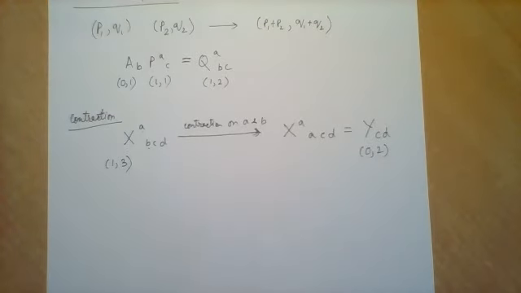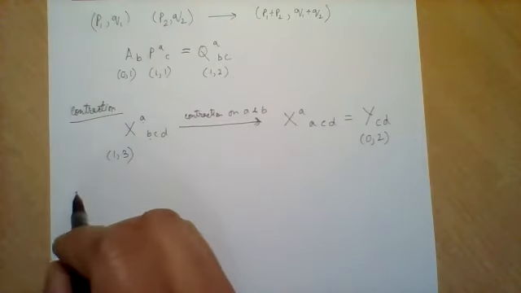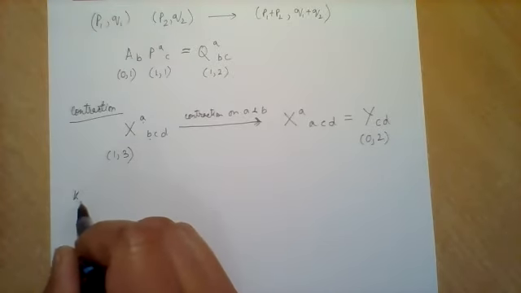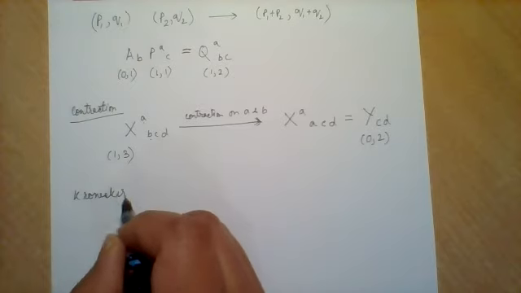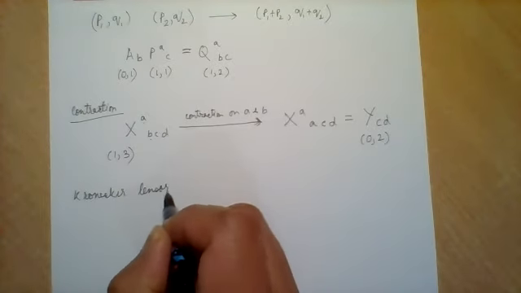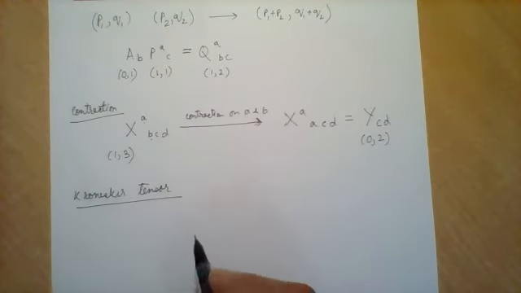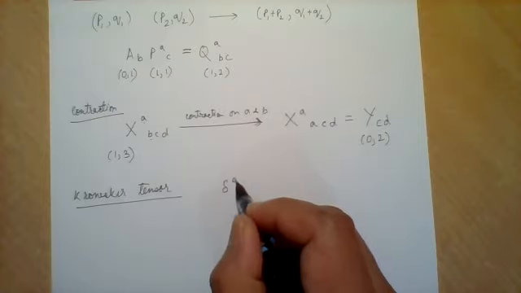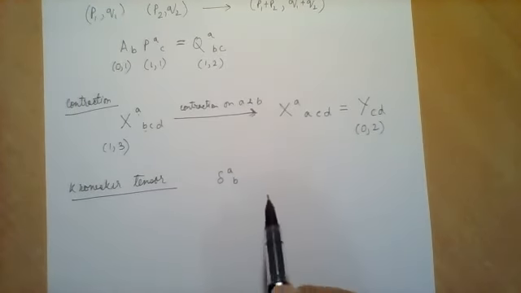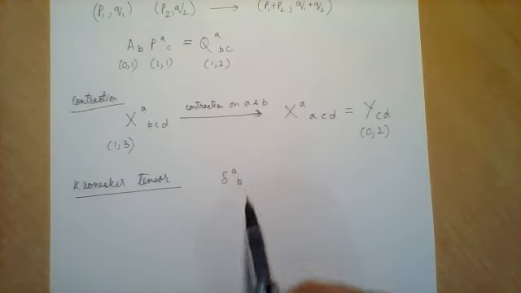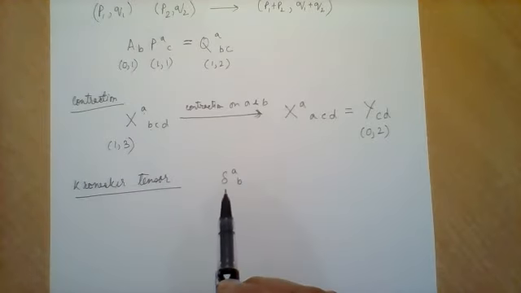Another tensor is the Kronecker tensor. This is the tensor delta AB. If A and B are equal, this is equal to 1.